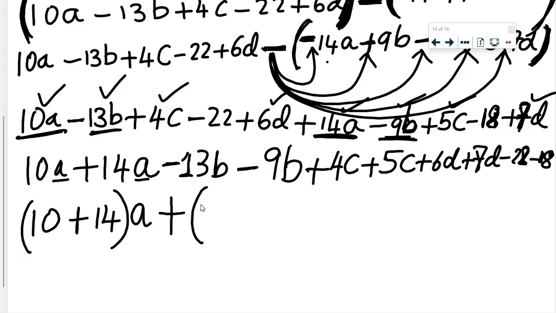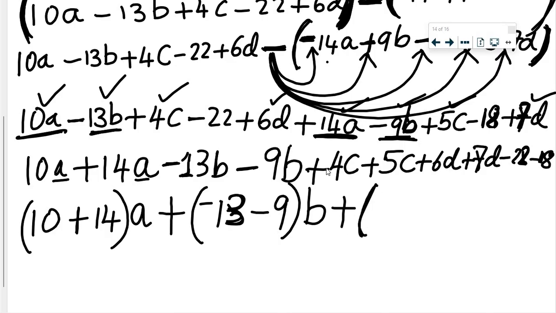This is negative 13, then minus 9, then b. Before you move to the next group, you should put plus, then open bracket. This will be 4 plus 5, then c.